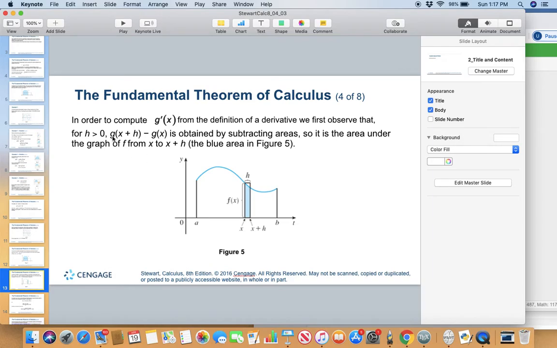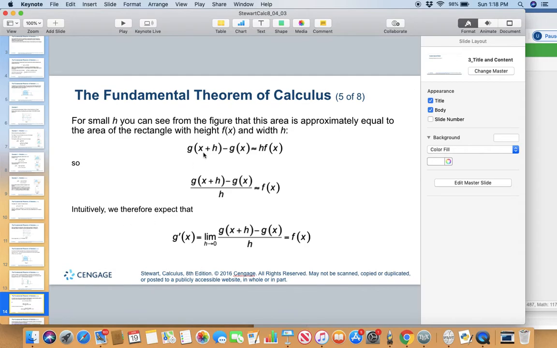So let's pick up pieces of each one, right? G(x + h) minus g(x). So area until x + h minus area until x. So from a big area, take away the small area and you're left with this small area. This small sliver is area until x + h minus area until x. All right.